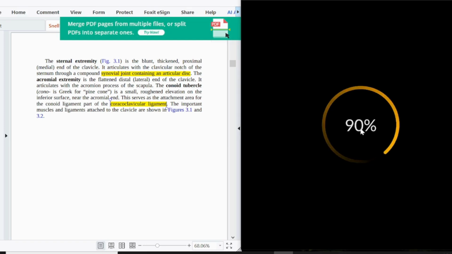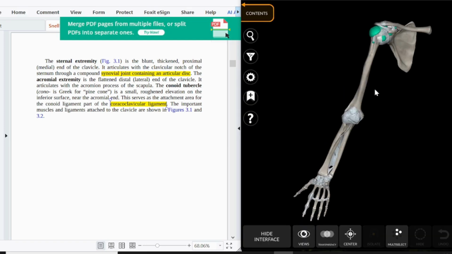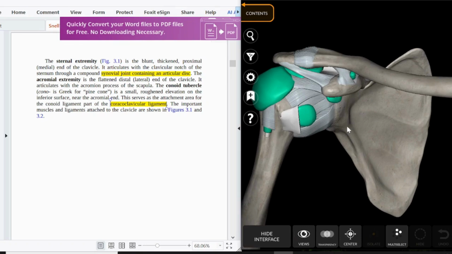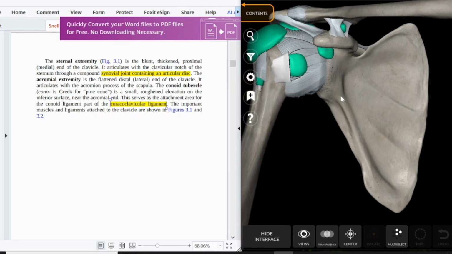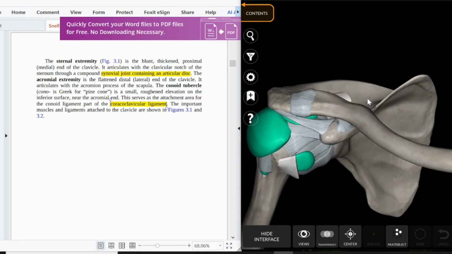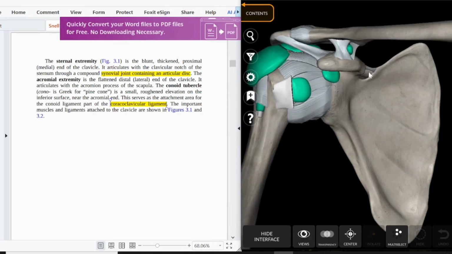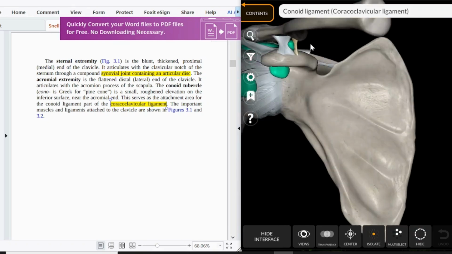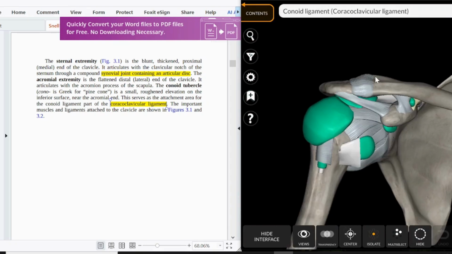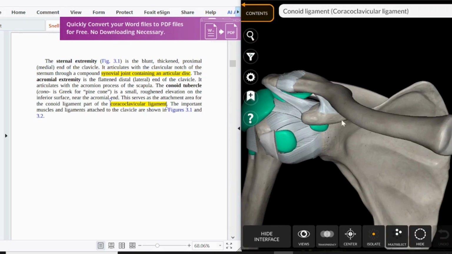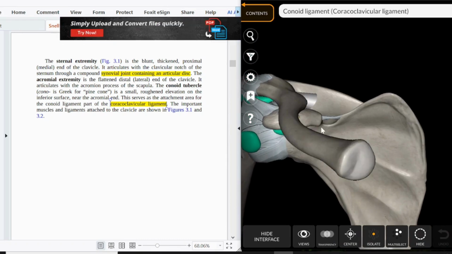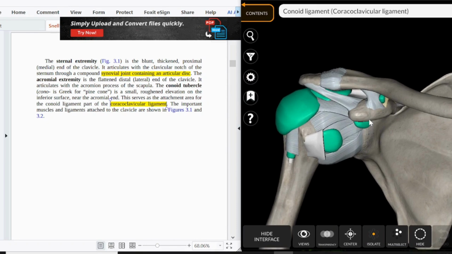Yes, you are able to see here clearly. This is your conoid ligament, see it from here, which is a part of your coracoclavicular ligament.